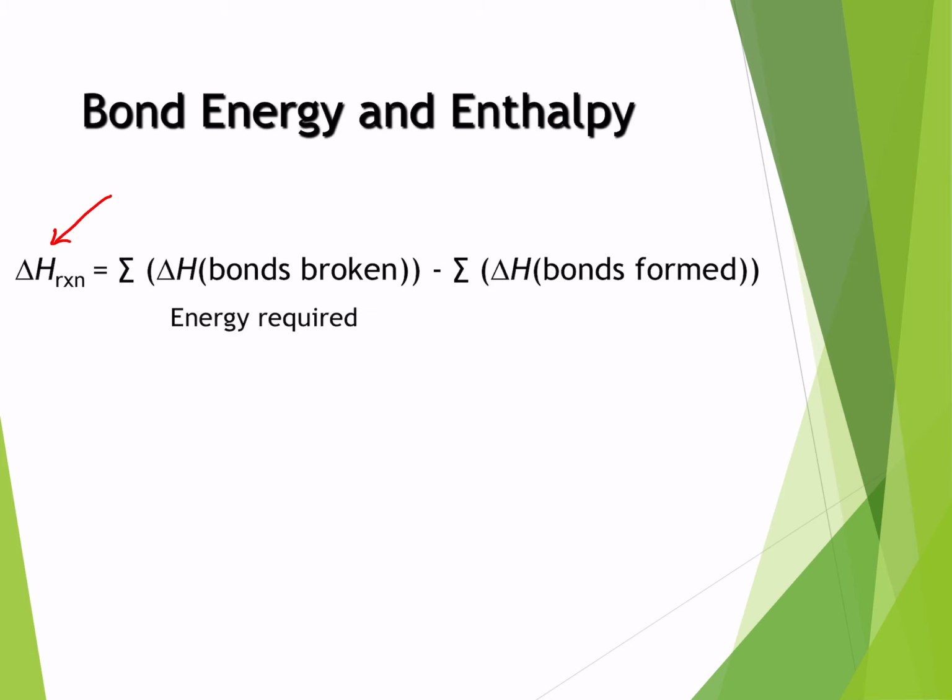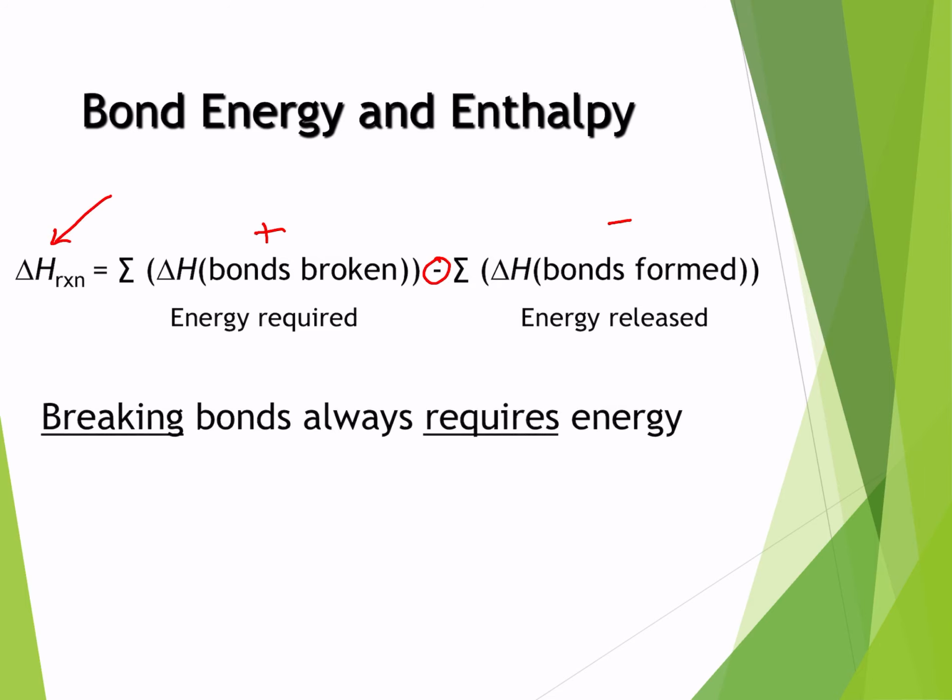So we need the energy that you have to put in to break them. That's why this term is positive, because you need to input energy to break the bonds. And the reason for the negative sign here is that when the bonds are formed, energy is released, which is negative, exothermic.